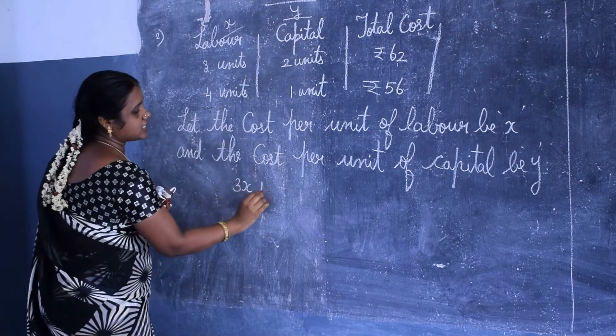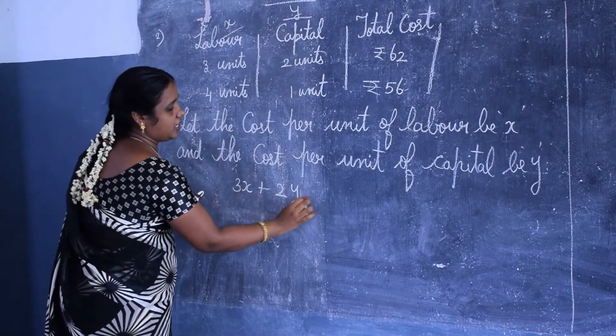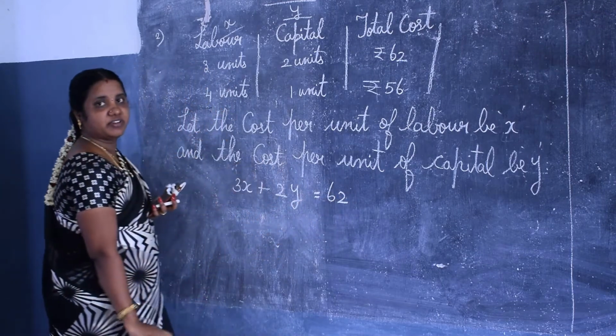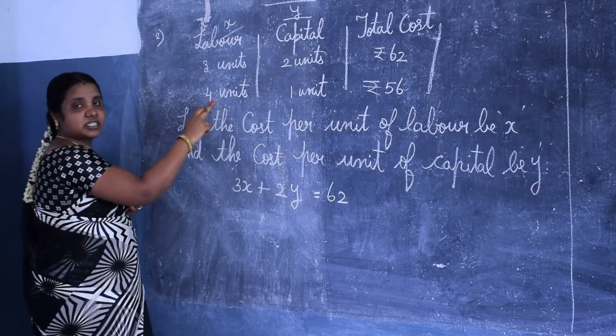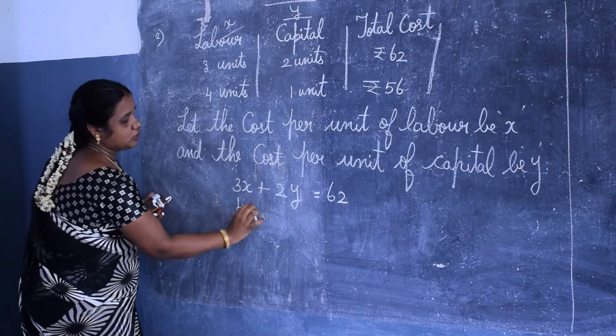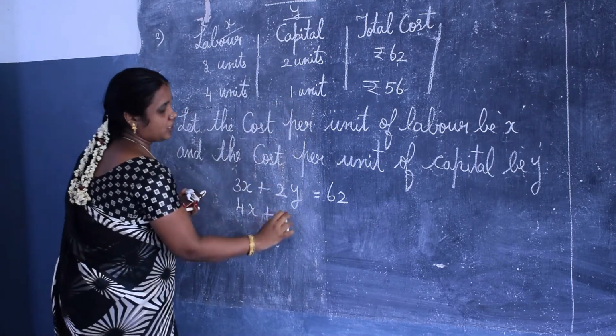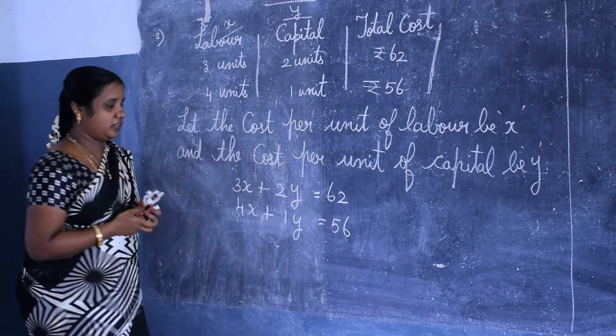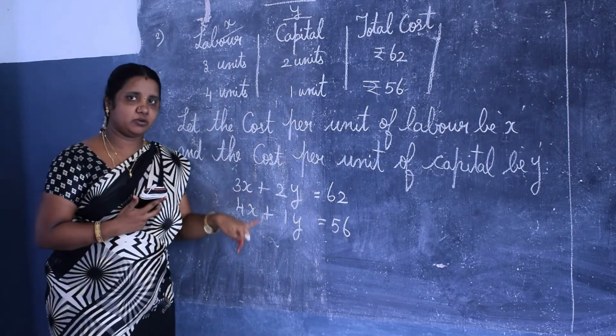So 3x plus 2y is equal to the total cost, 62. This is our first equation. Next, frame the second equation: 4x plus 1y is equal to 56. You have to find the value of x and y.